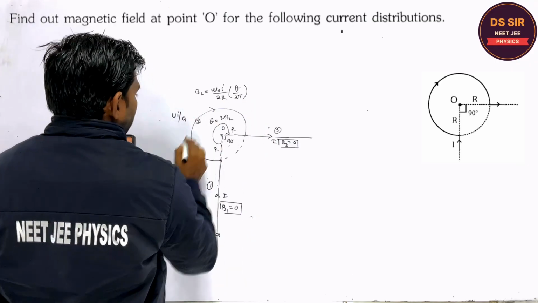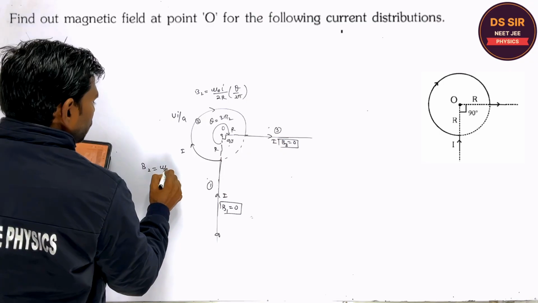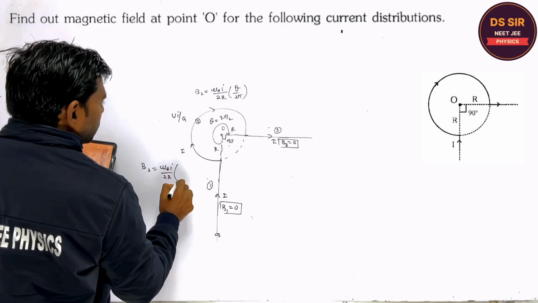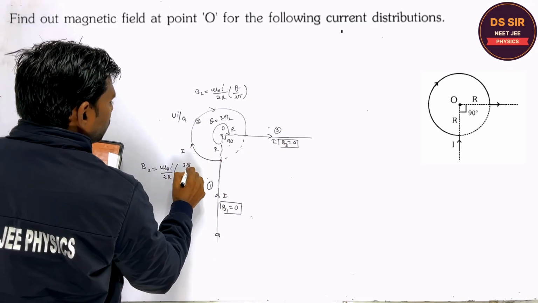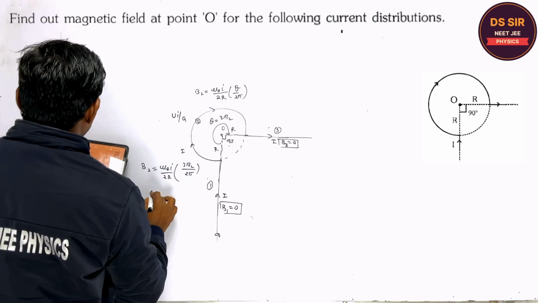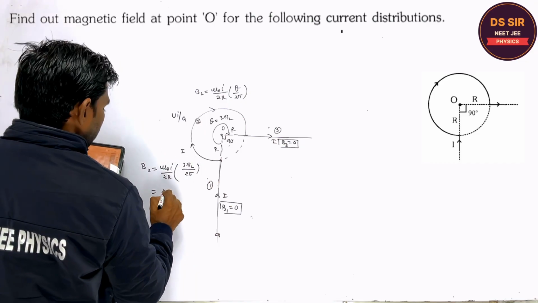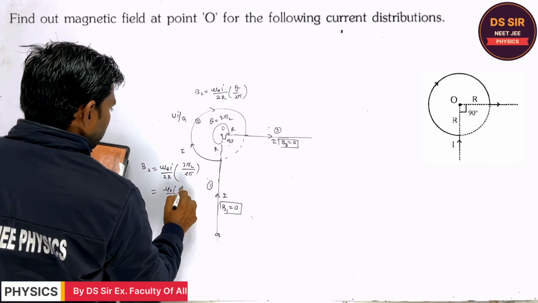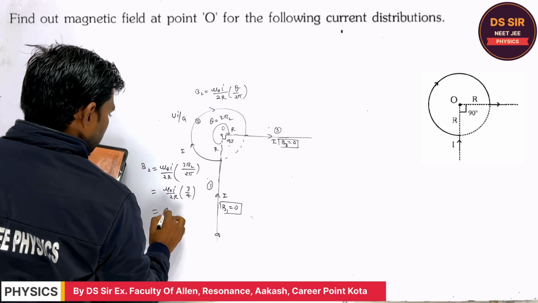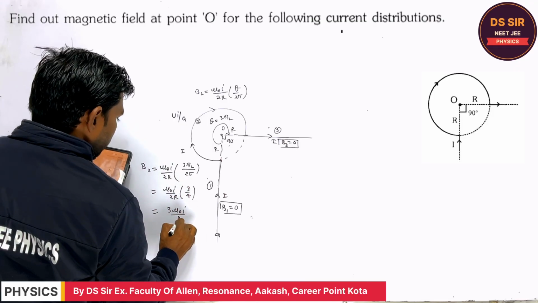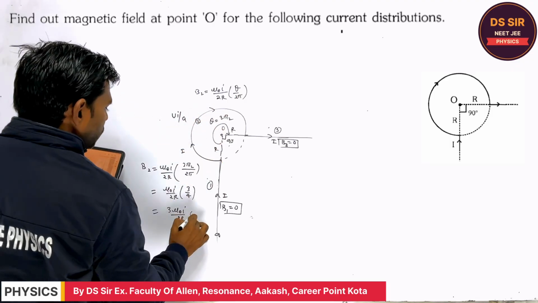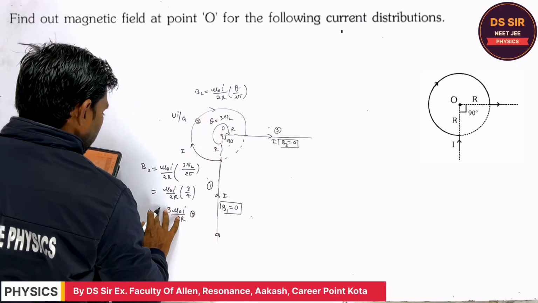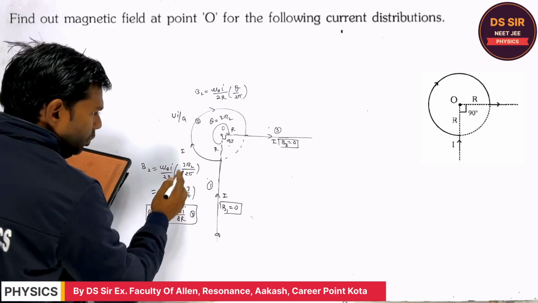So here B2 is mu naught I upon 2r times 3 pi by 2 upon 2 pi. It is equal to mu naught I upon 2r times 3 upon 4, which is 3 mu naught I upon 8r. It is into the board. This is the magnetic field.